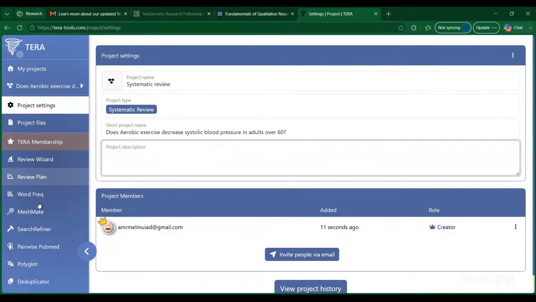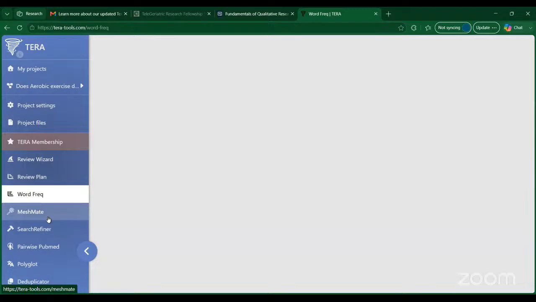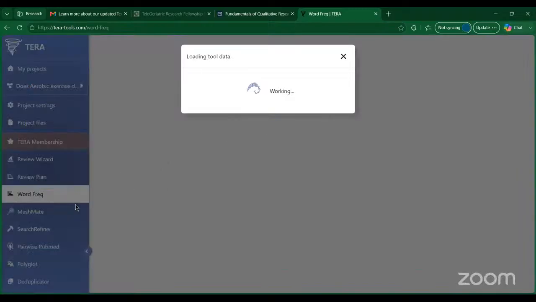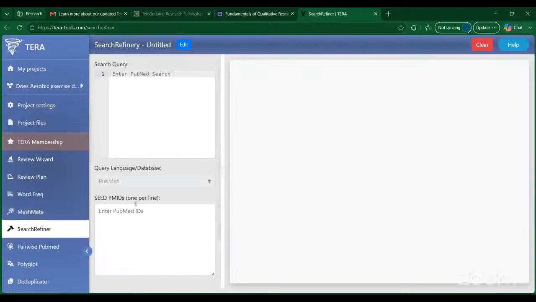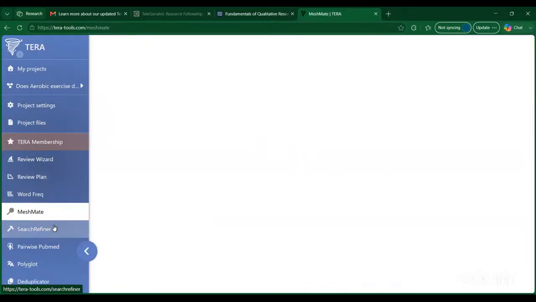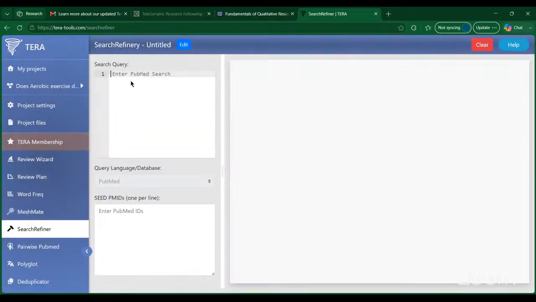So here you'd have to enter your search. I'm not that familiar with MeSH terms, to be honest, but the idea is that you add all your terms here, for example, hypertension.